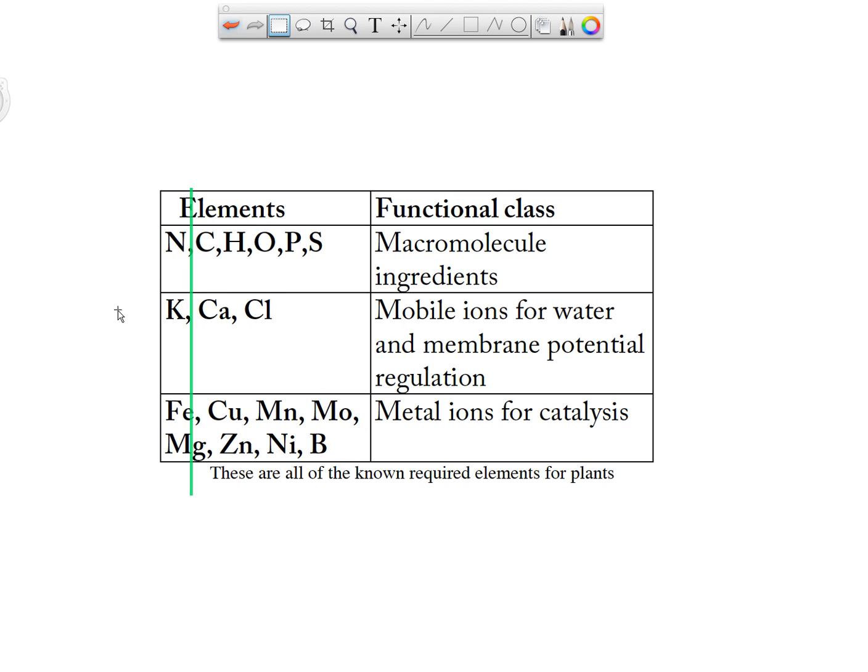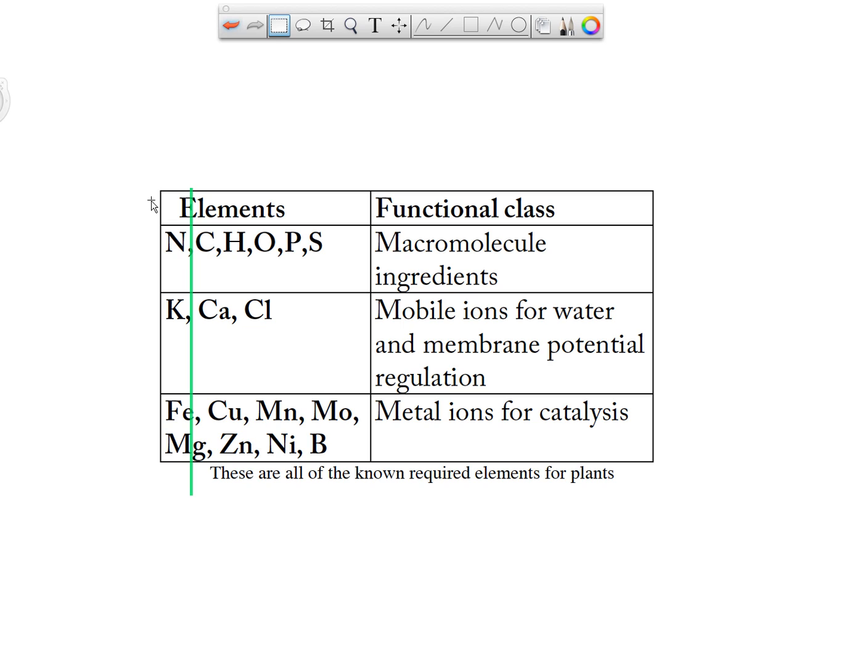And more importantly, for these three, osmotic potential. Although remember, chloride's very important for maintaining membrane potential during stomatal closure. And then there's all of the metal ions, which are used primarily for catalysis within proteins. And these are all of the elements we know to be necessary.